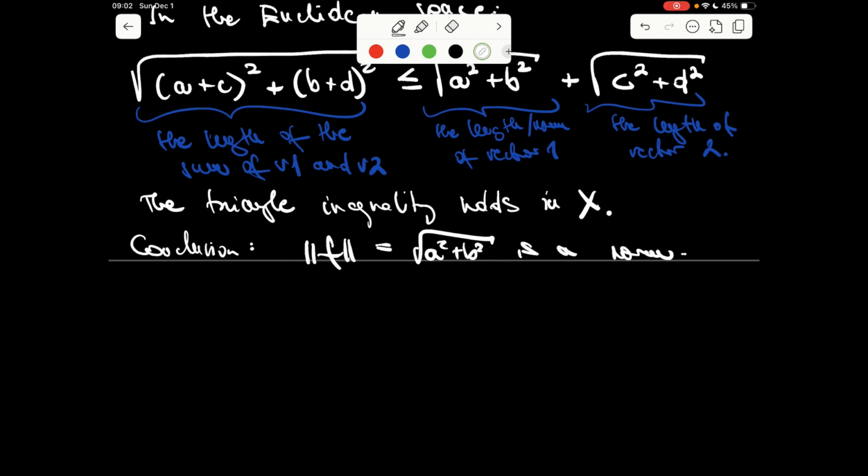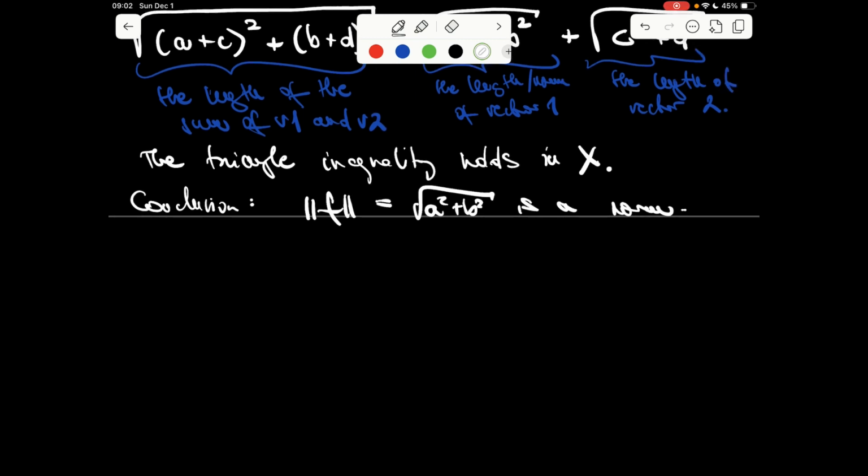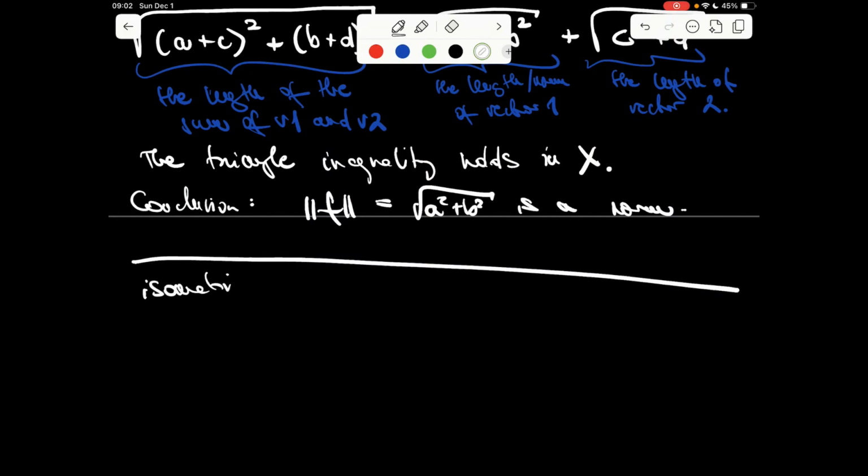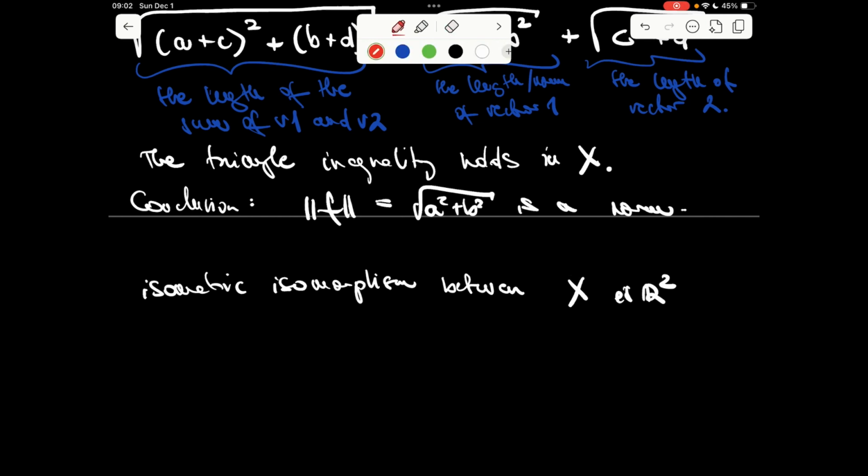All right. So next problem. Let's try to create an isometric isomorphism between X and R squared.